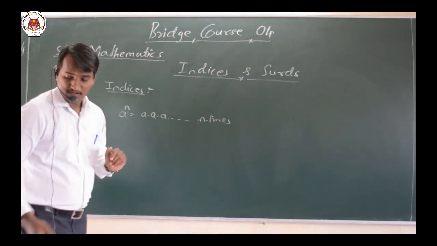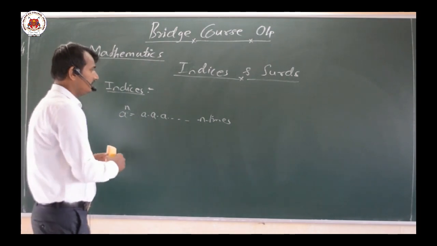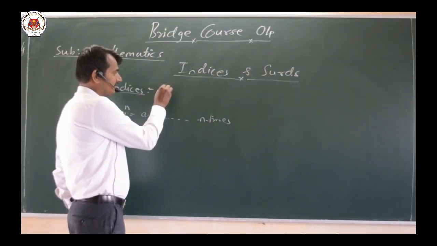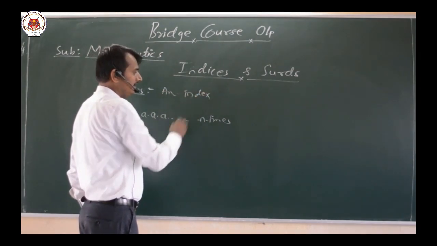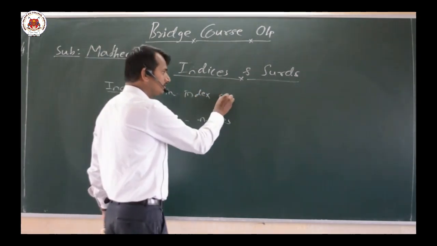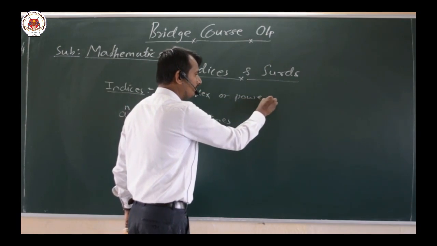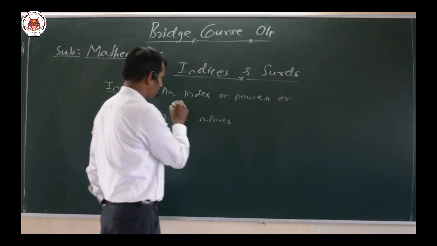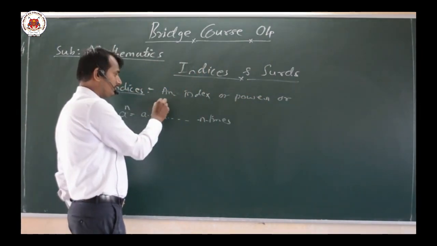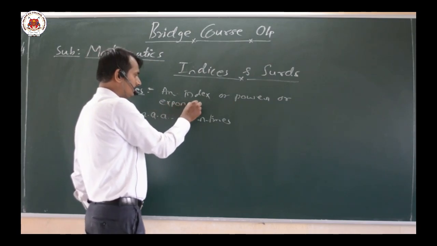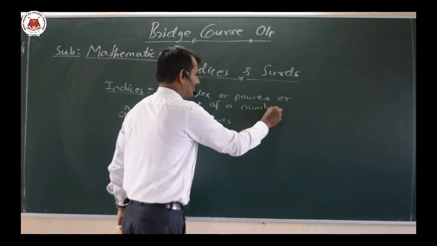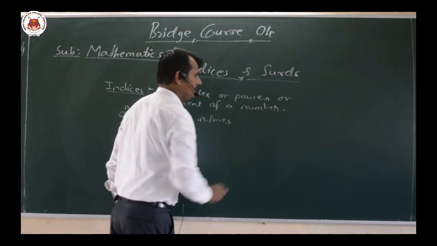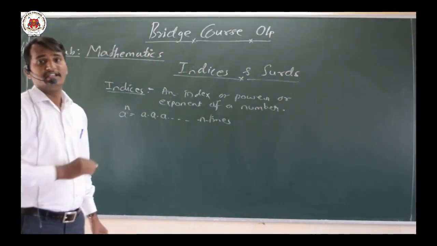So indices means how we can explain here is clearly, it is very clear. So here index, or power, or it is also called as exponent of a number or a value, that is nothing but our indices here.